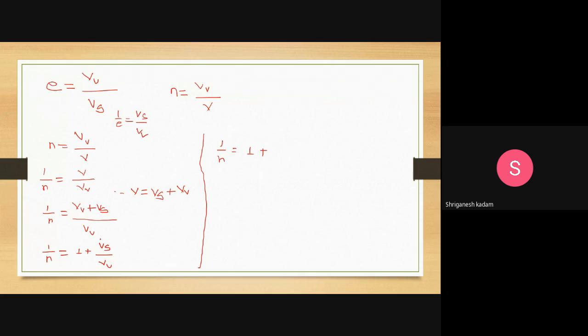So instead of this Vs upon Vv, I will write 1 upon E. So it becomes 1 upon N equal to 1 plus E upon E. Now this I will write N equal to E upon 1 plus E.